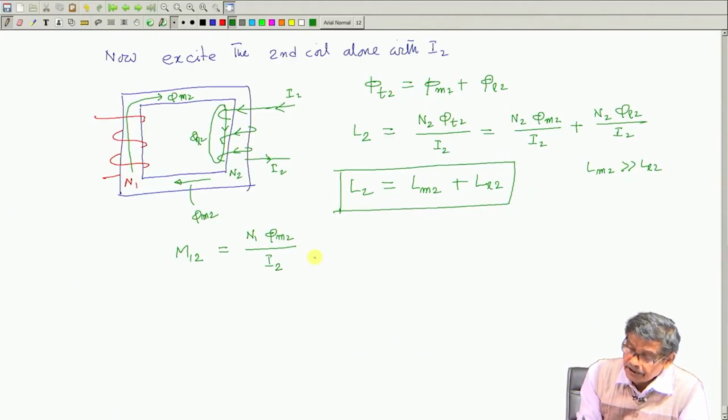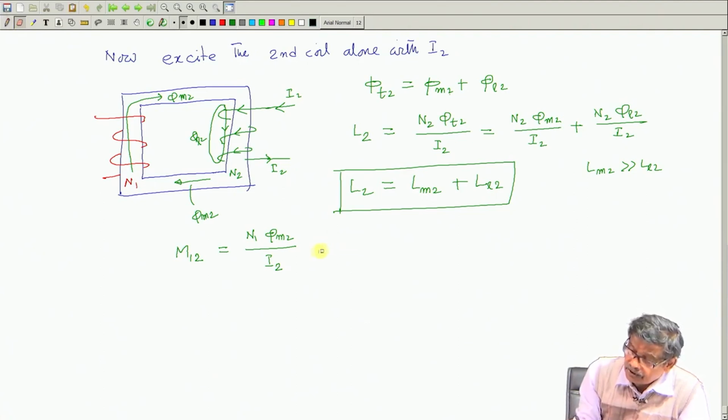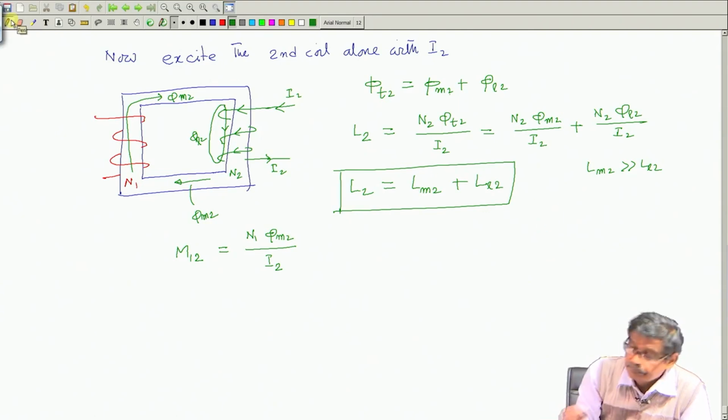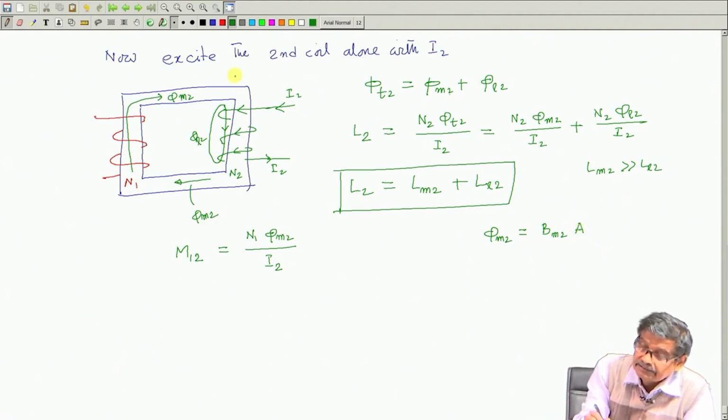Now, how to calculate phi m2? You see, phi m2 will be equal to B m2 into cross sectional area A, where A is the cross sectional area of the core.